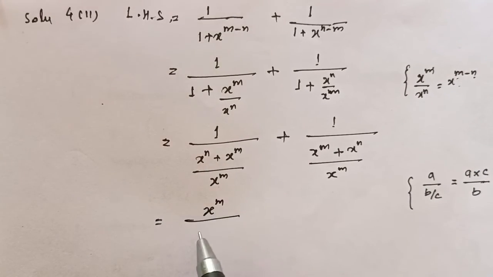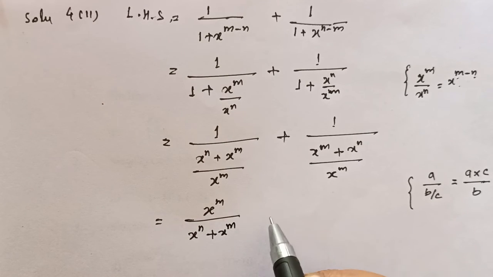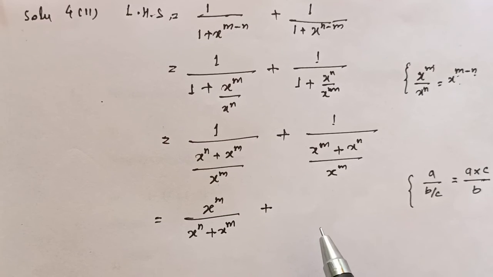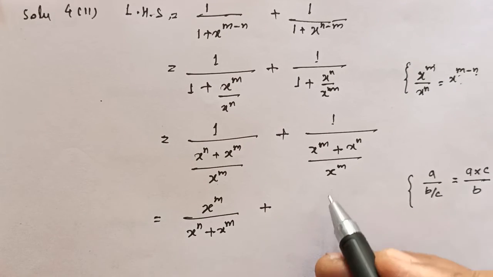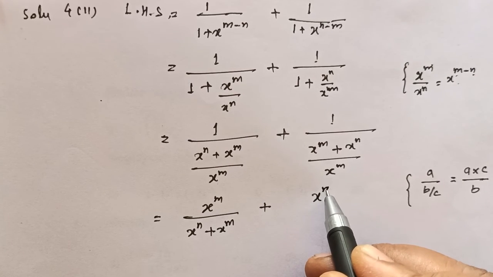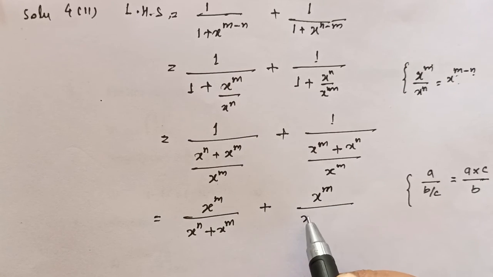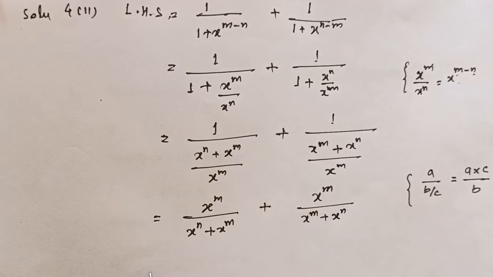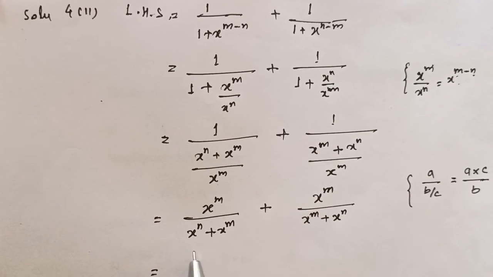x to the power m upon x to the power n plus x to the power m, plus x to the power m multiplied by 1, x to the power m upon x to the power m and plus x to the power n. Denominator same, x power m plus x power n.